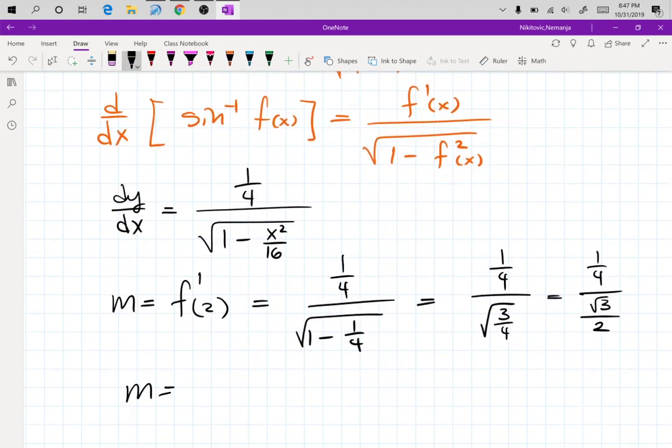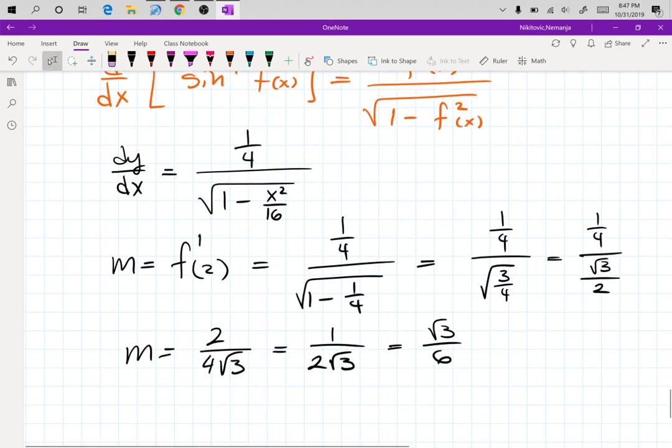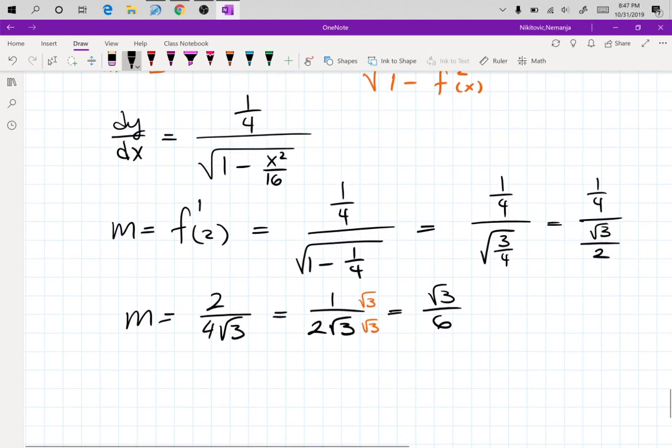So m is equal to, 2 and 4 would cancel. So let's do the 2 divided by 4 root 3, which is 1 over 2 root 3. You can rationalize this into root 3 over 6 when you multiply root 3 top and bottom to kill the root 3. So now m is this.